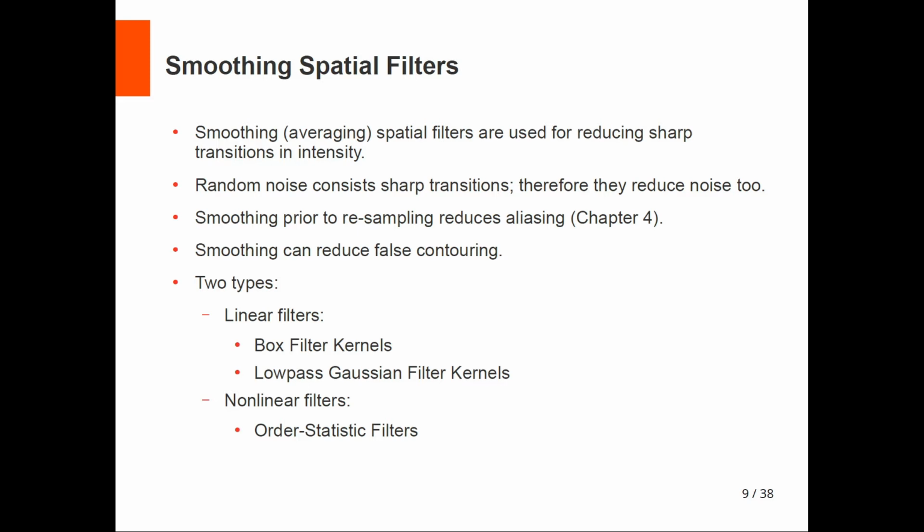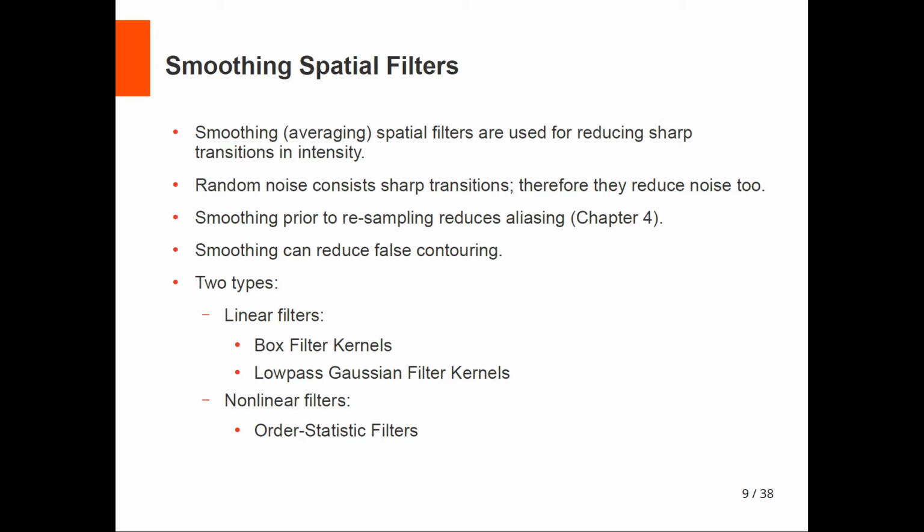Random noise also introduces sharp transitions in the images, so smoothing or averaging can help us reduce noise too. Another application for a smoothing spatial filter is to reduce aliasing in the result of resampling of images, but this is something that will be discussed in much more detail in chapter 4.